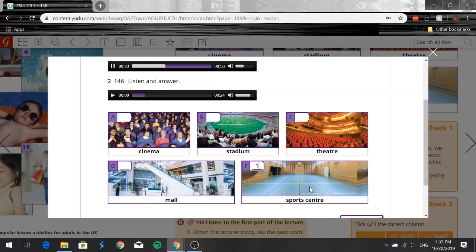At one time, people said television will replace cinema, but millions of people still go to watch films every week. 3. The Greeks built a lot of new stadiums for the Olympic Games in Athens in 2004. 4. People go to the mall to shop, but they also go there to meet their friends. 5. Teenagers don't go to the theatre in the UK very much. They go to music concerts much more.